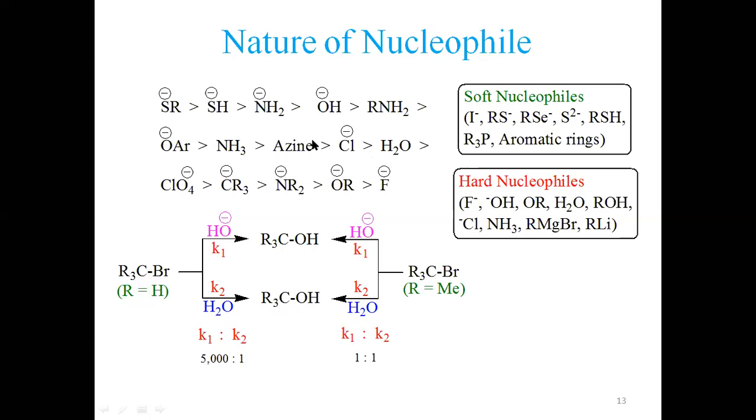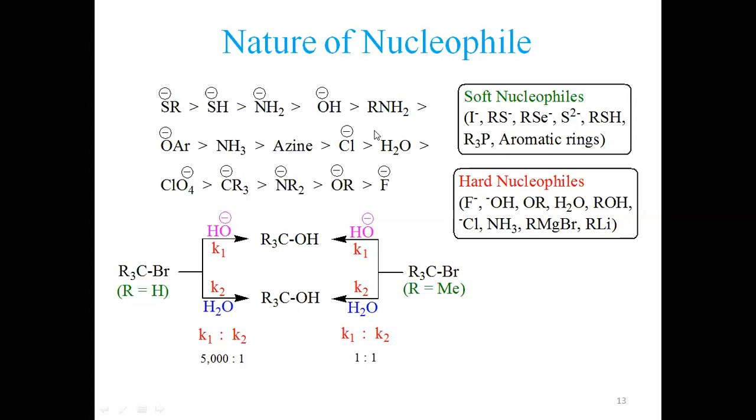Similarly, ammonia, azide, chloride, water is a borderline case. Above this, they are stronger, soft nucleophiles or good nucleophiles. As we are moving down, now they are becoming harder. So they are not good nucleophiles, they are good bases. Chloride ion is a good base. If you remember, alkoxide ion is a good base. We use sodium ethoxide, sodium methoxide as the base.